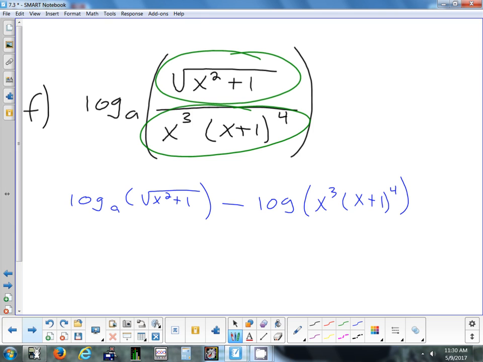I'm just going to rewrite the first term like this. Log base a of x squared plus 1. And instead of saying take the square root of it, I'm going to say 1/2. And you know what? At the same time, we should probably start to simplify the second part. Otherwise, we're just going to copy down the entire second part the same, and then we're going to have to simplify it. So this way, we won't have to copy it as many times.